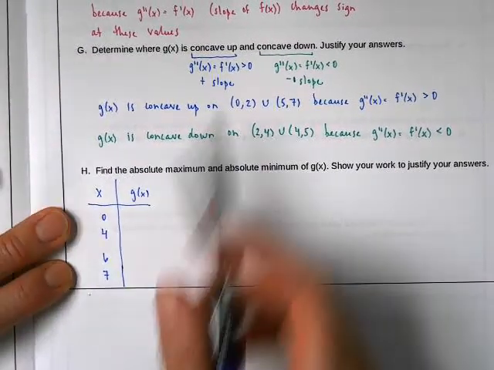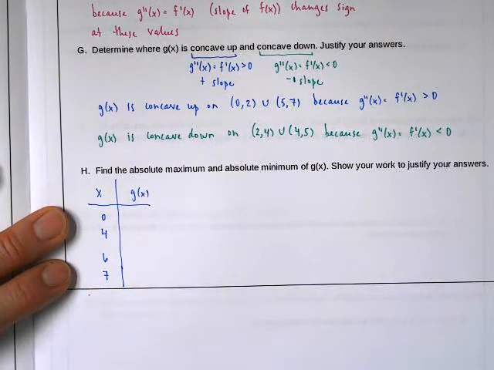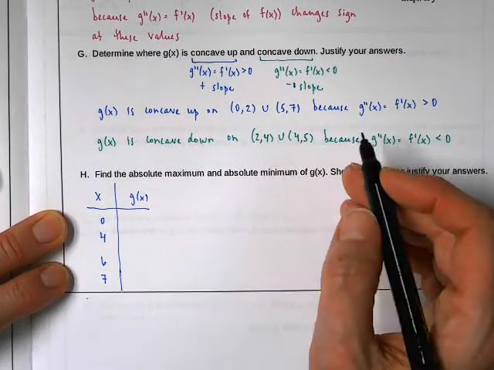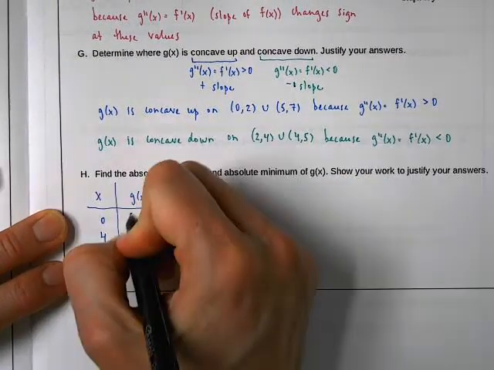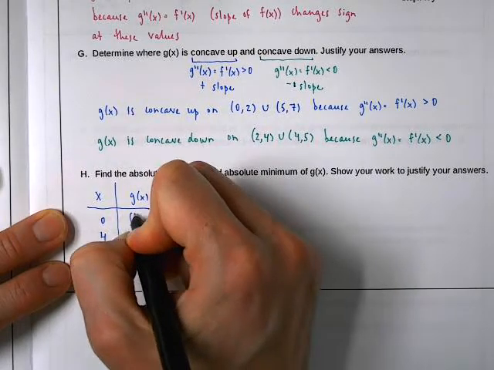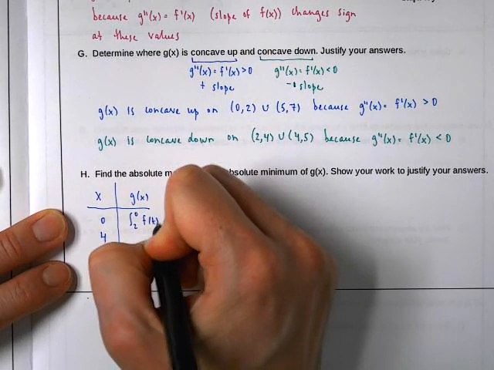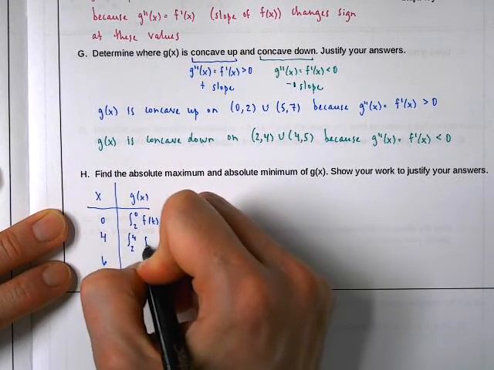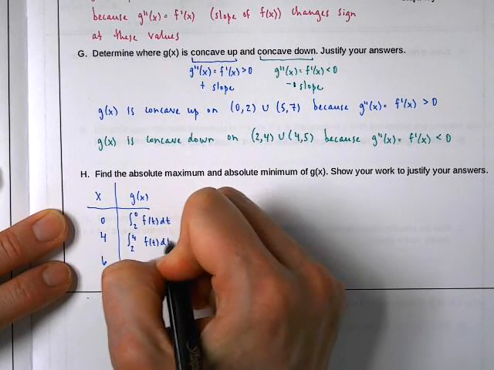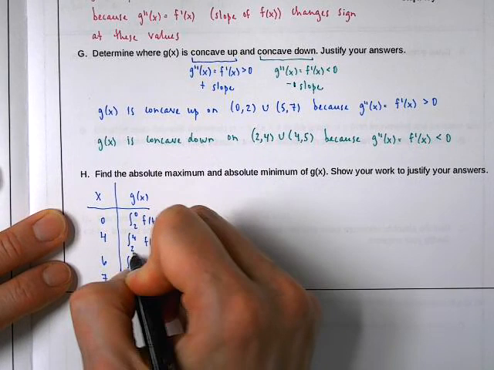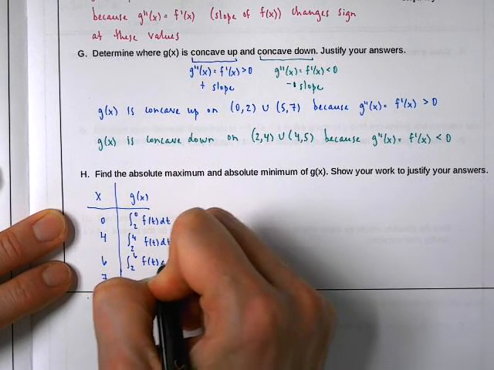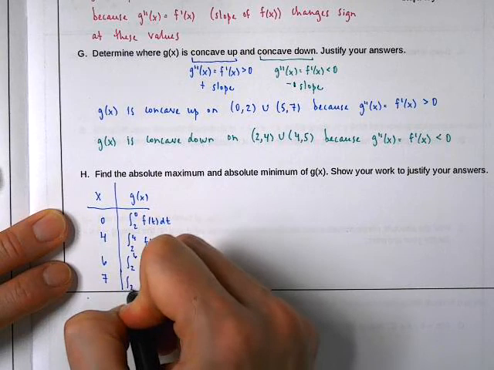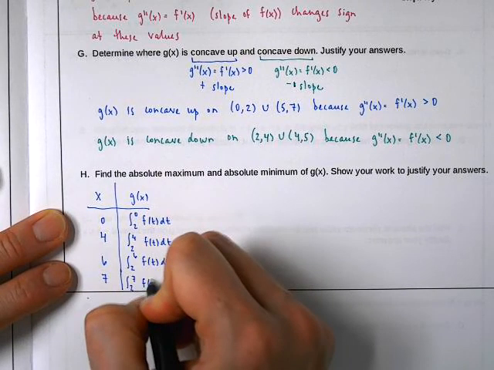Now, my function g of x is defined as the integral from 2 to x of f of t dt. So for each of these, I'm going to have an integral to calculate. So here I have from 2 to 0, f of t dt. Here I'm going to have from 2 to 4. This would be from 2 to 6. And I'm going to have from 2 to 7 of f of t dt.